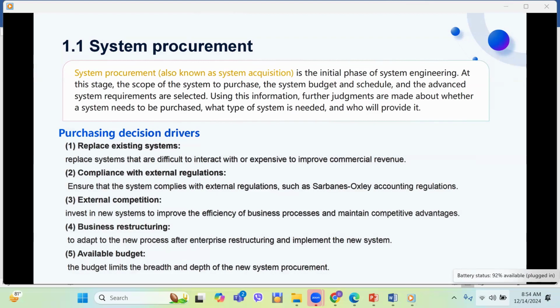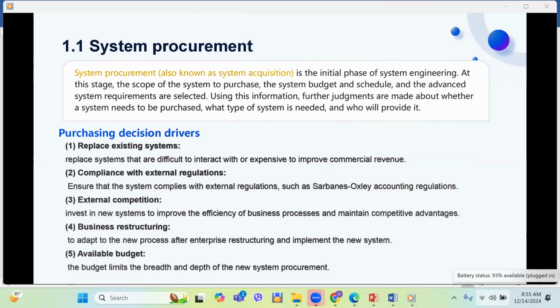Next are some purchasing decision drivers. 1. Replace existing systems. Replace systems that are difficult to interact with or expensive to improve, to increase commercial revenue. 2. Compliance with external regulations. Ensure that the system complies with external regulations, such as the Sarbanes-Oxley accounting regulations. 3.